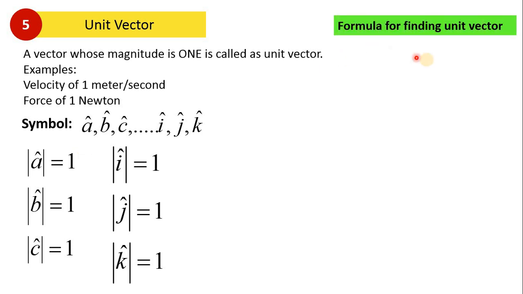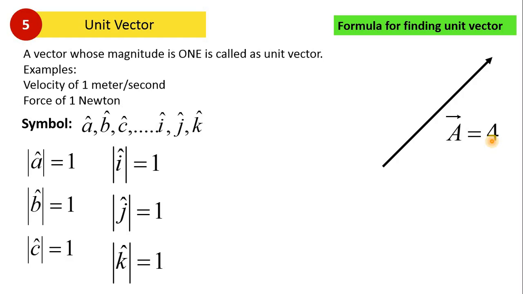Now, what is the formula for finding a unit vector? Suppose this is a vector. Let us say this vector has magnitude 4. It can have any magnitude, but for the purpose of illustration, let us suppose the magnitude of this vector is equal to 4. Now, imagine we have a vector of length 4 units and we cut it into 4 equal pieces.